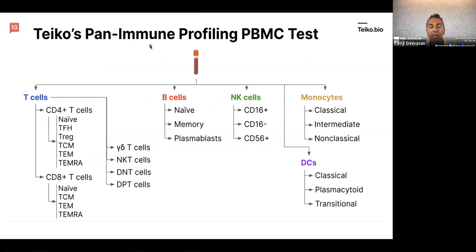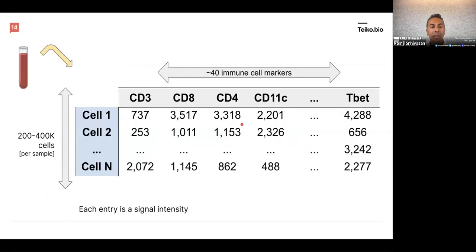And our immune profiling test covers many different immune compartments simultaneously. So not just T cells, but B cells, NK cells, monocytes, dendritic cells, and many different subtypes. For example, classical dendritic cells, CD16 minus NK cells, et cetera, et cetera. And if you zoom into that blood sample we talked about, underneath the hood, you can be looking at dozens of different markers, in our case, specifically 40 immune cell markers from CD3 to TBAT, and then hundreds of thousands of cells for every sample.